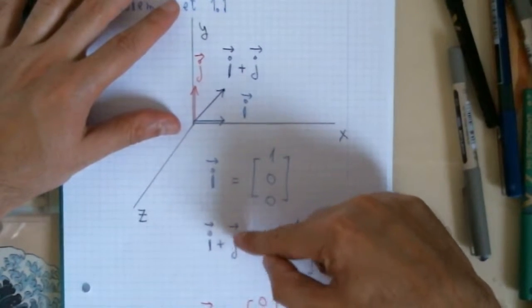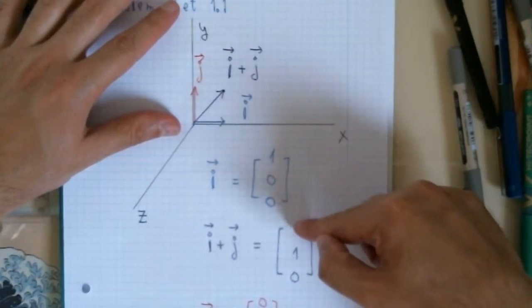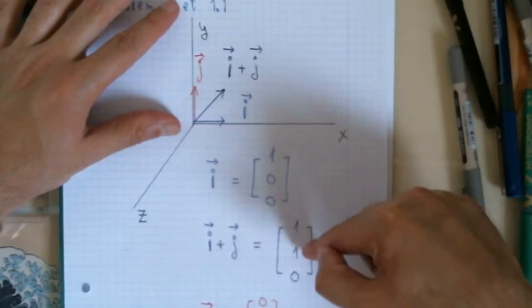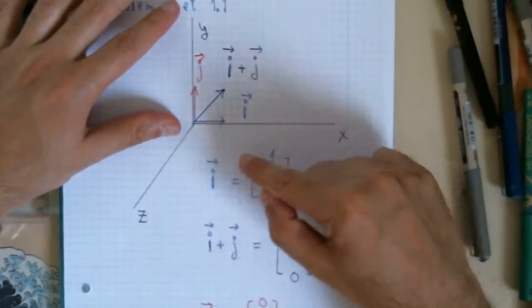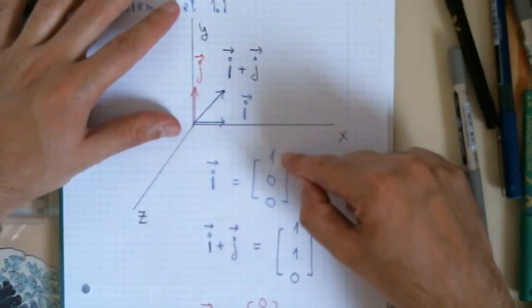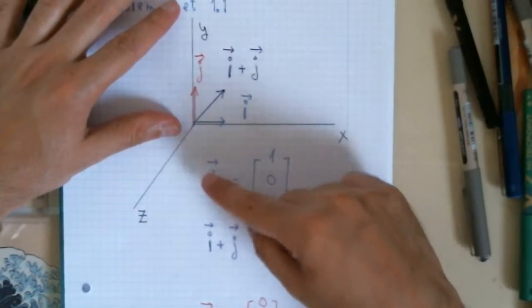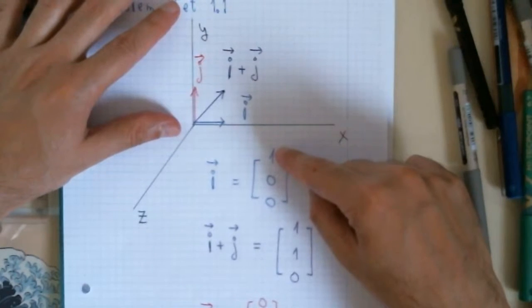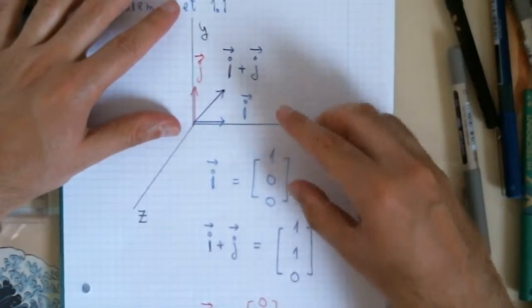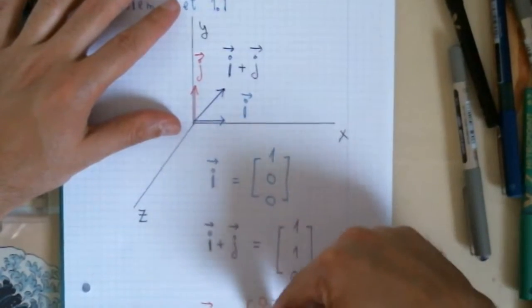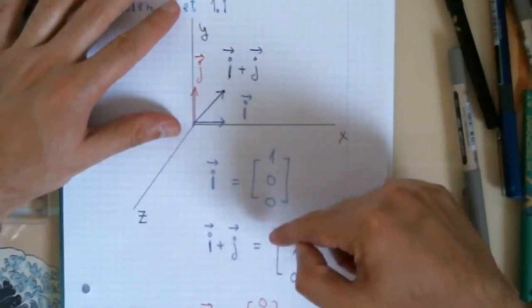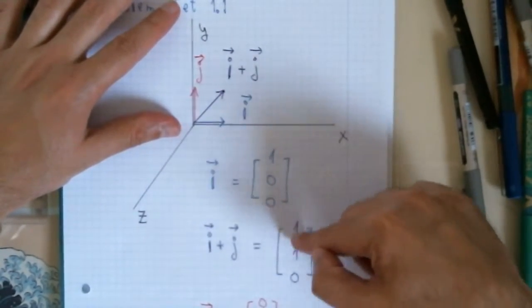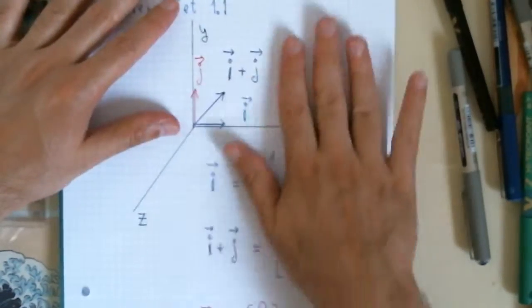The I plus j vector gives us components both in the first component and in the second component, and the I vector gives us the first component, so we can isolate it.